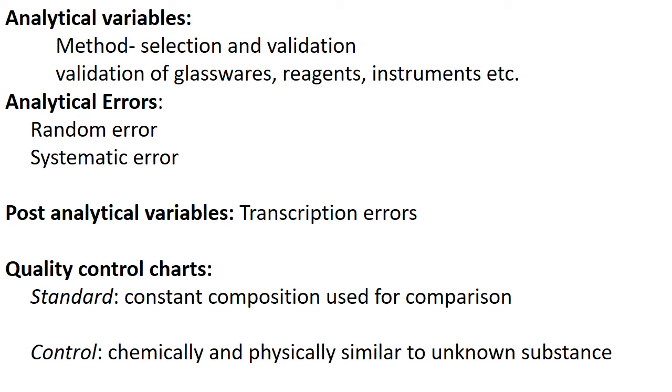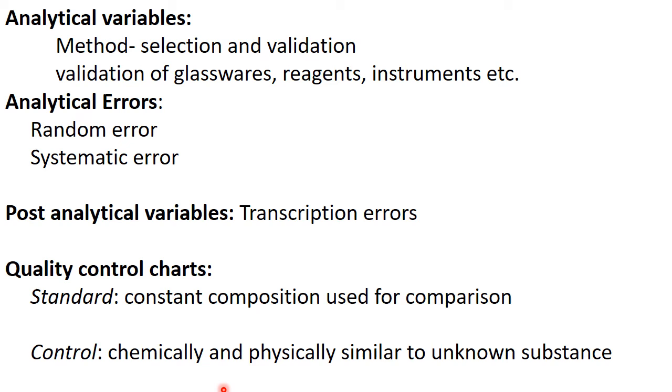Coming on to the analytical variables. We have finished with pre-analytical. Now moving on to the analytical variables. In analytical variables phase, errors may occur due to various reasons. These include selection of inaccurate method, mixing of specimen, use of instrument with poor precision, improperly calibrated instruments, improper volume of specimens, and presence of interfering substances in the test sample or specimen.